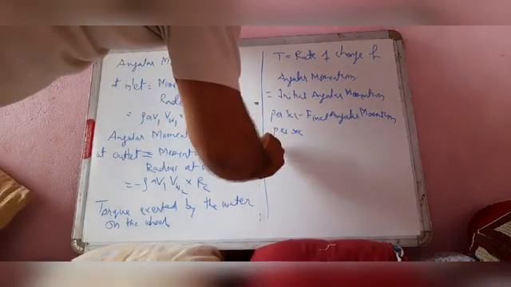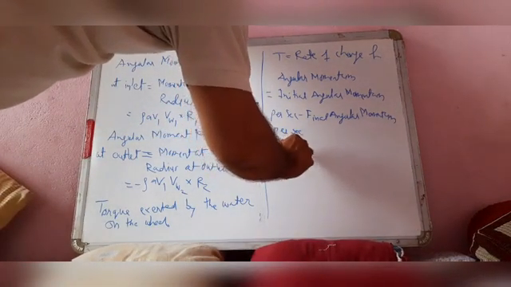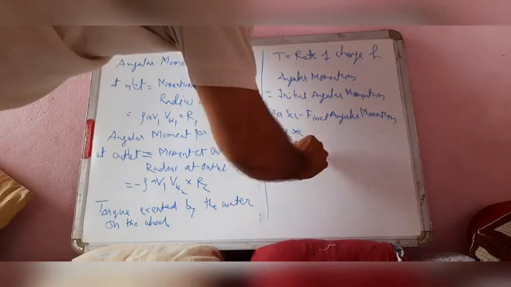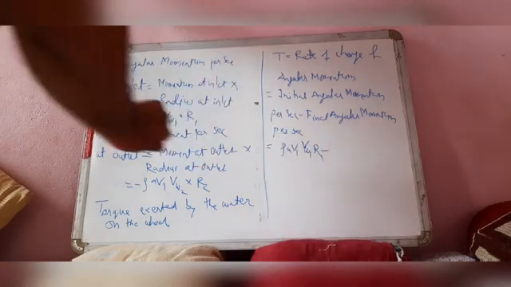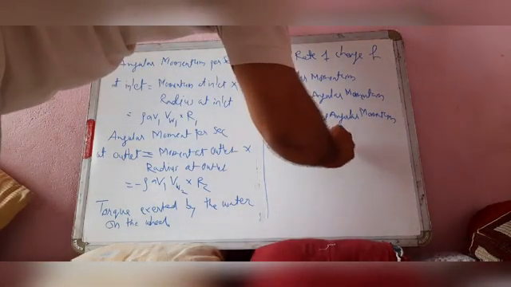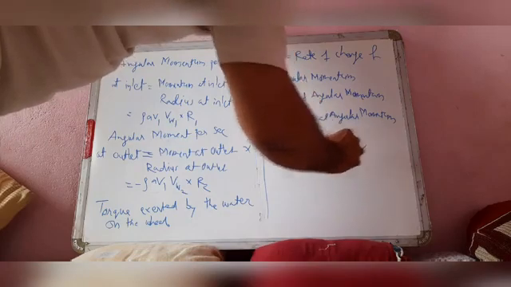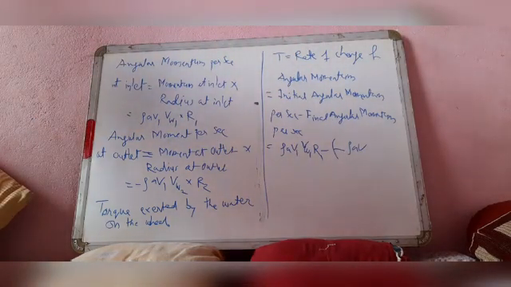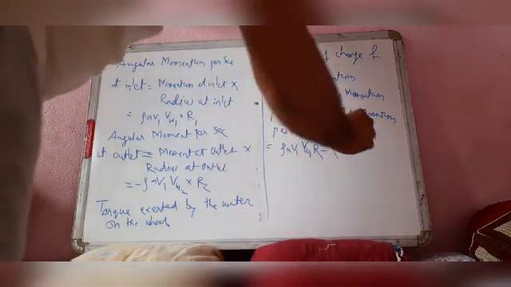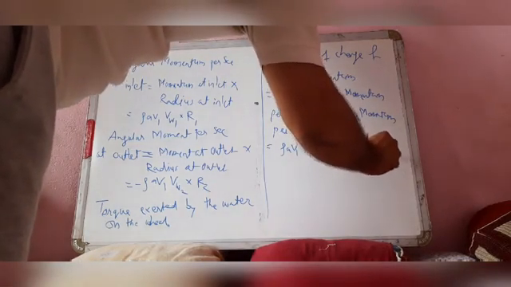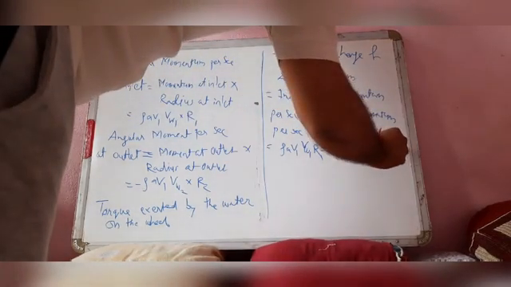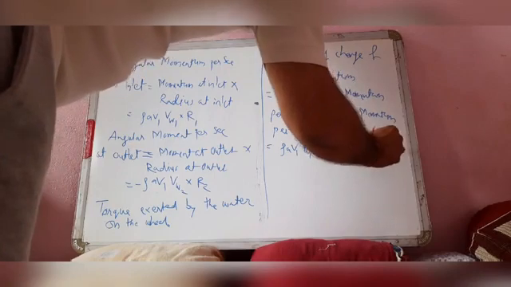That is equal to, putting the values, rho A V1 VW1 R1 minus rho A V1 into minus VW2 into R2.